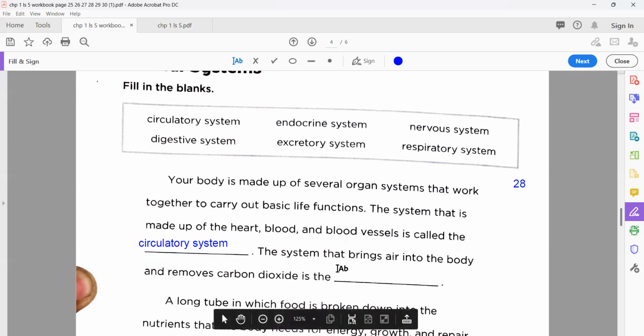Okay, the system that brings air into the body and removes carbon dioxide is called the respiratory system. Very good.